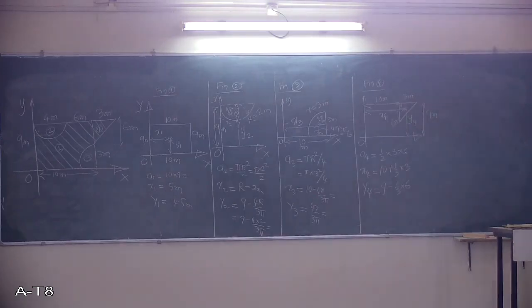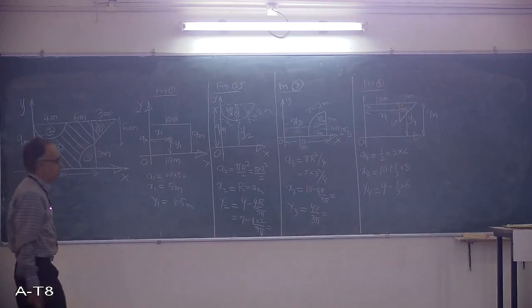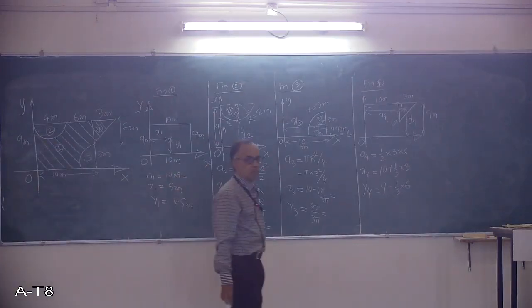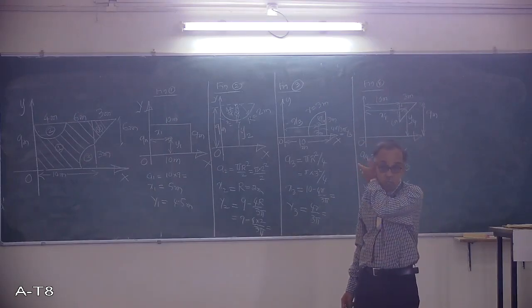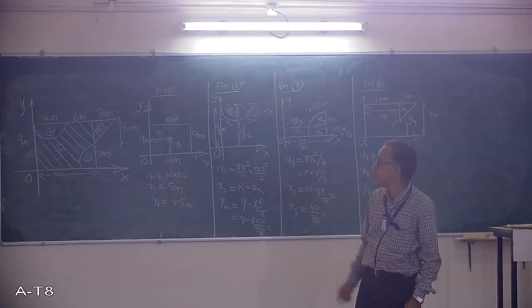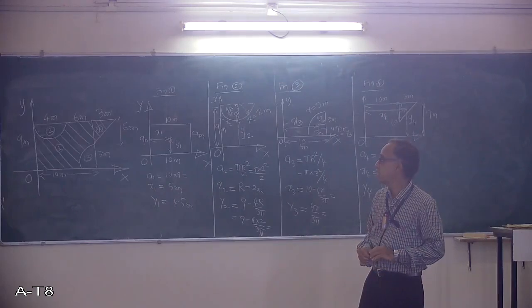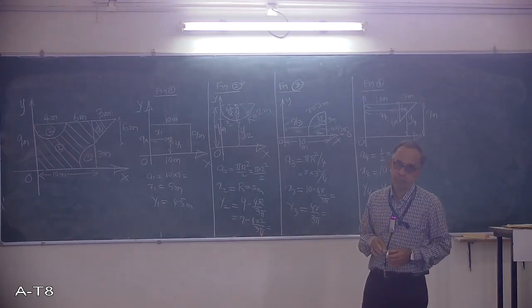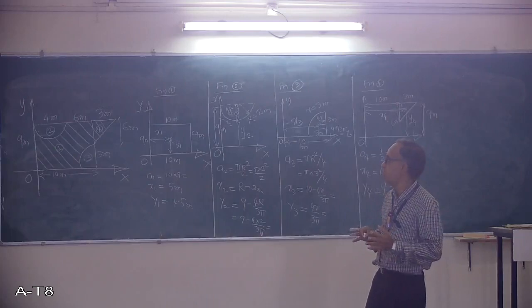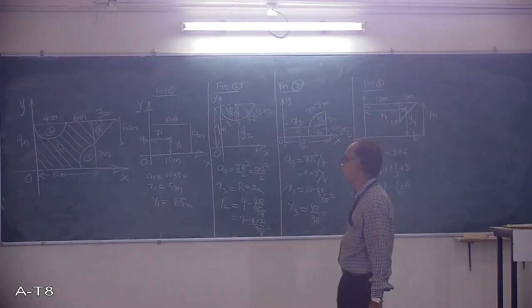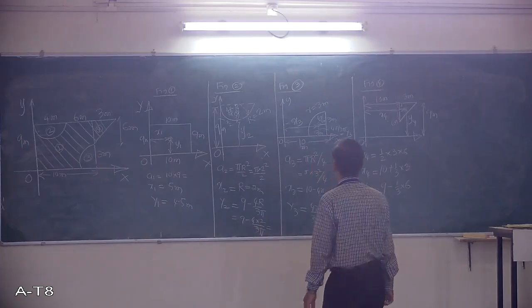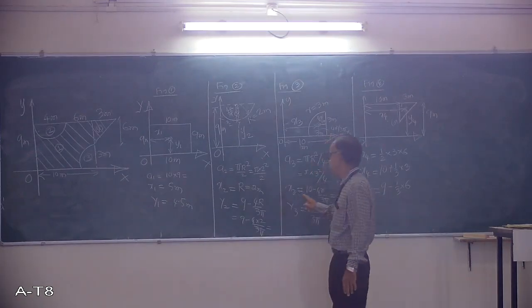I have written here the same figure I have drawn in the previous class, but we have not solved that. But now here, what you must remember is, as I repeatedly told you, semicircle and quarter circle are not shaded. When they are not shaded, I told you, you have to deduct. Figure number 2 and figure number 3, they are not shaded.